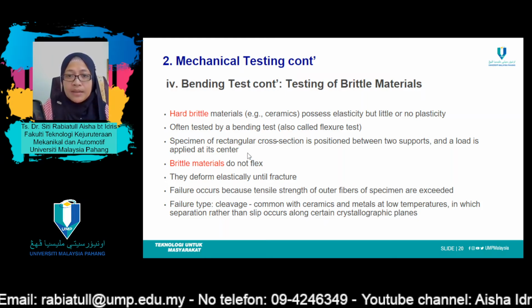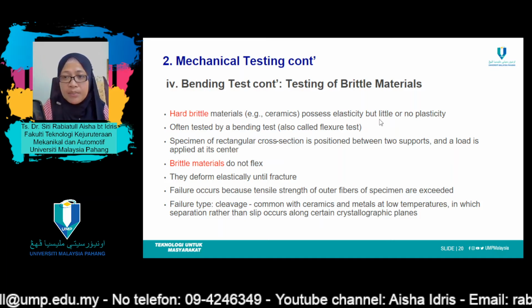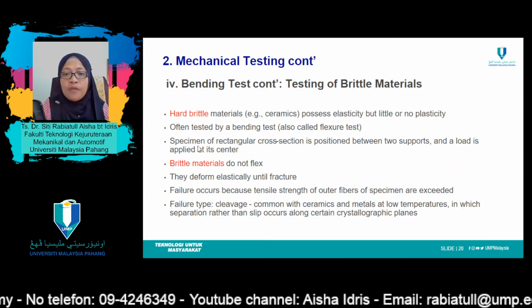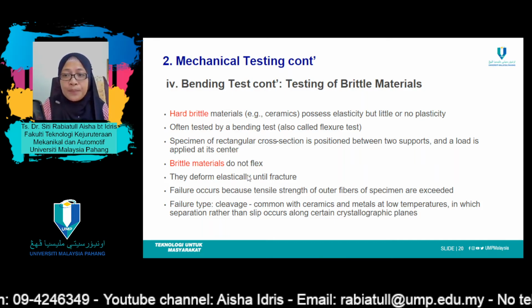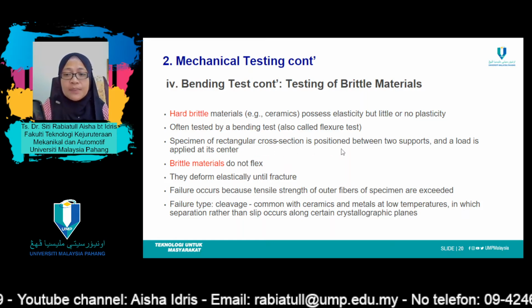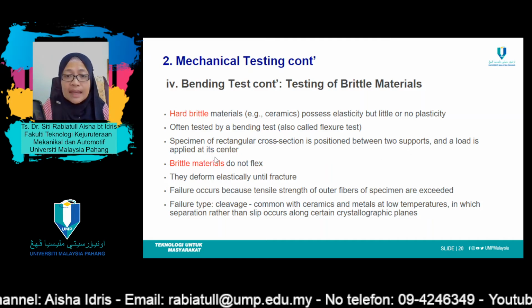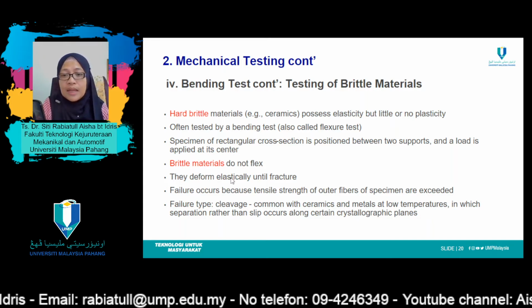In a bending test, the hard material possesses elasticity but little or normally no plasticity. It is often tested by a bending test, also called a flexure test. A specimen of rectangular cross section is positioned between two supports and a load is applied at its center. Whereas brittle materials do not flex.